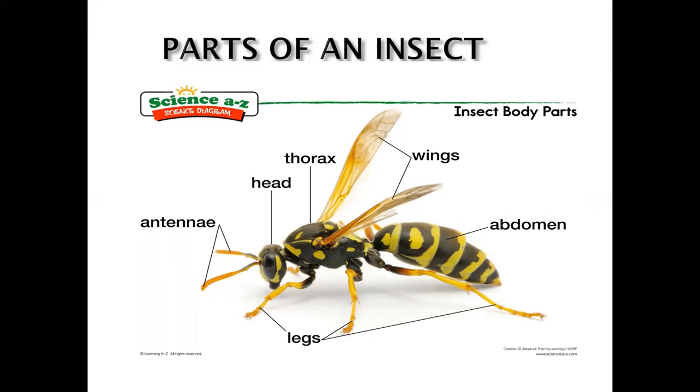The abdomen has parts like the spiracles and ovipositor. The head has the antennae, the proboscis, and the compound eyes. Some insects have both compound and simple eyes, and others have proboscis, others have mandible. Some of those parts we shall see at an advanced level.